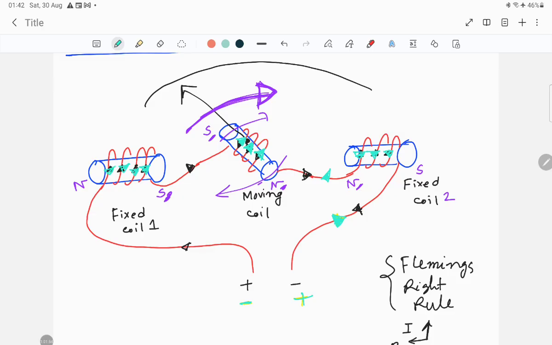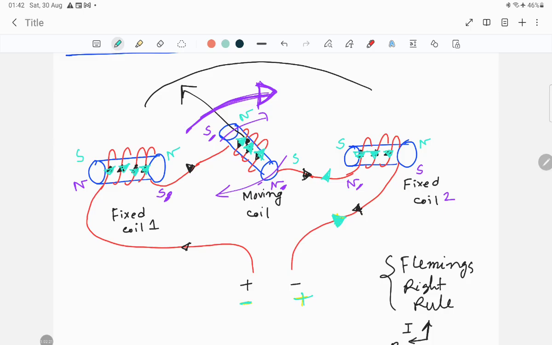Right now again, if we apply Fleming's right hand rule, this time over here north will be generated, and over here south will be generated, and in the moving coil south will be generated, north will be generated over here, and over here north will be generated and south will be generated over here.